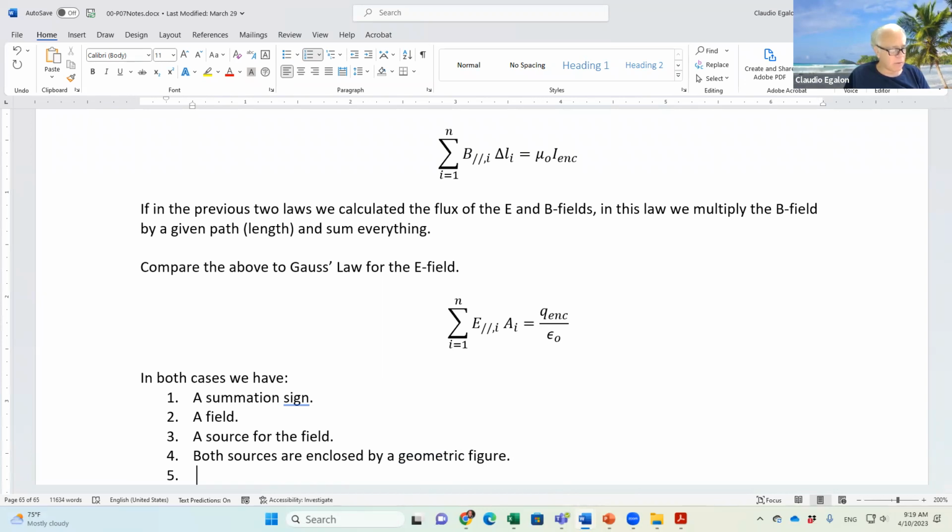What else? In both cases, we have a constant. One is the magnetic constant, the other is the electric constant.